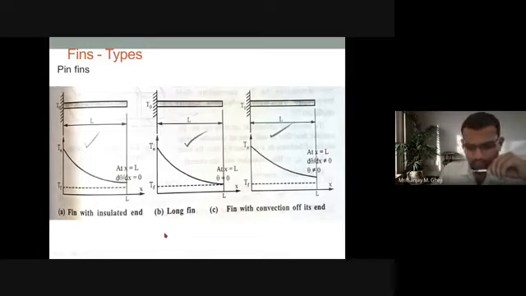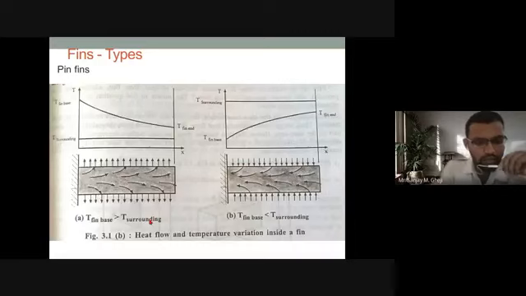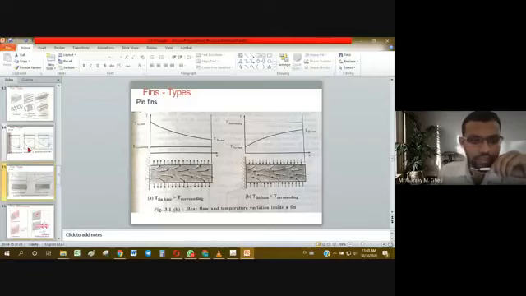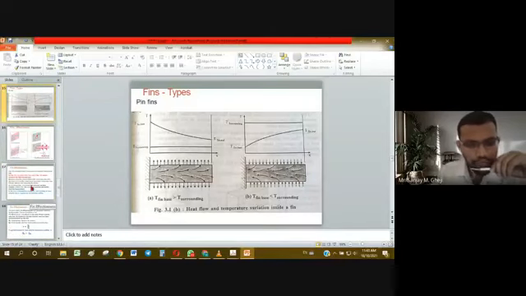Out of this, on Saturday we have completed the detailed analysis of the first case, that is fin with insulated end. And while doing this, in the meanwhile, we have also defined some terms for the fins, such as fin effectiveness and fin efficiency. Fin effectiveness is the ratio of heat transfer rate with fins and without fins.